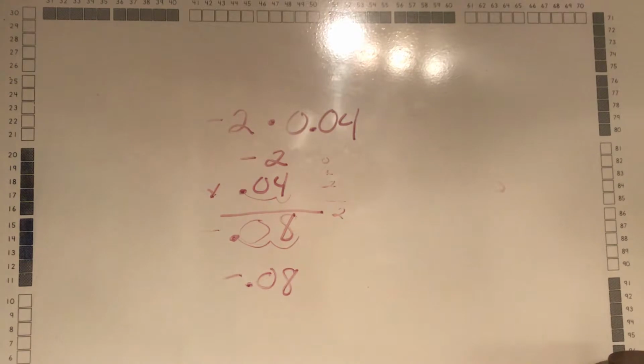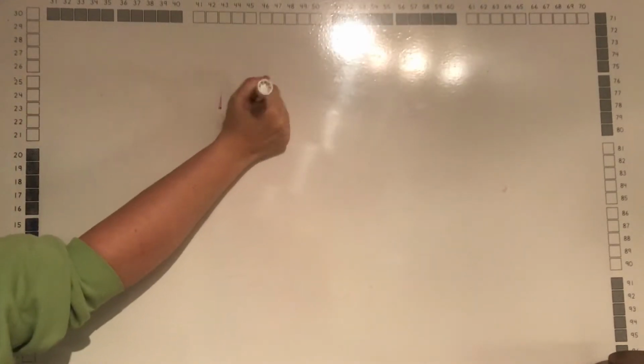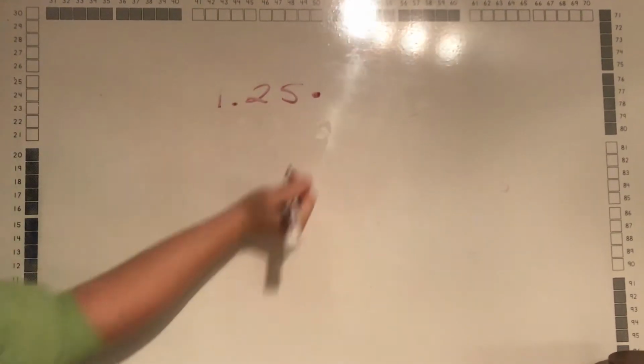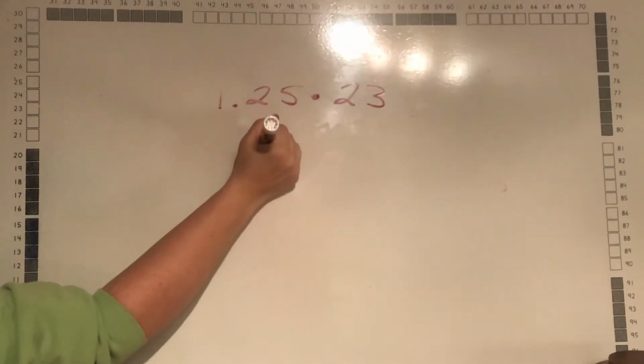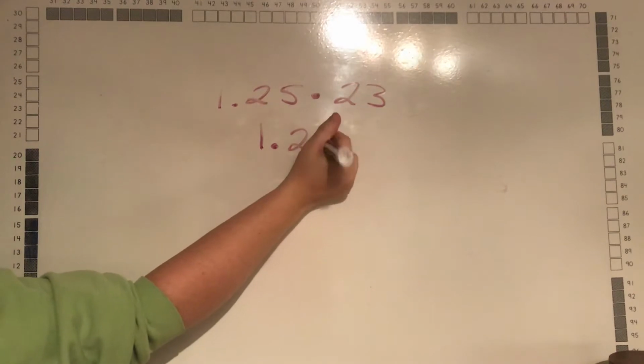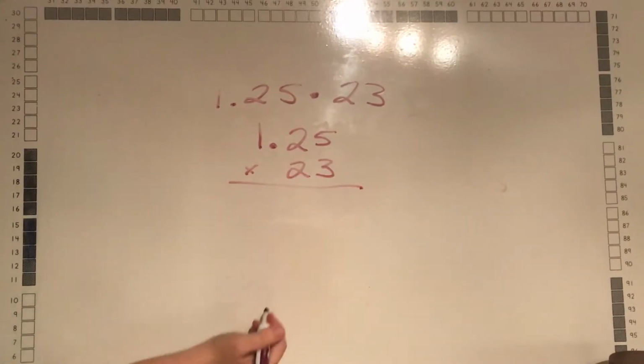Now, if we look at the third example, in example 1, we have a multi-digit multiplication problem. So we have 1.25 times 23. If we write that vertically, we have 1.25 times 23, and we would multiply this out.